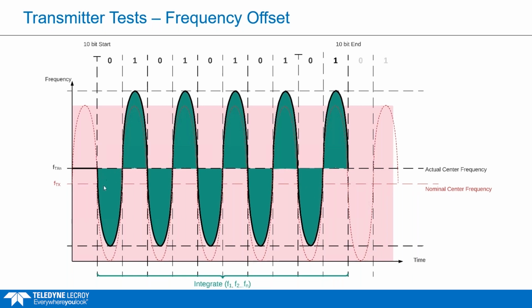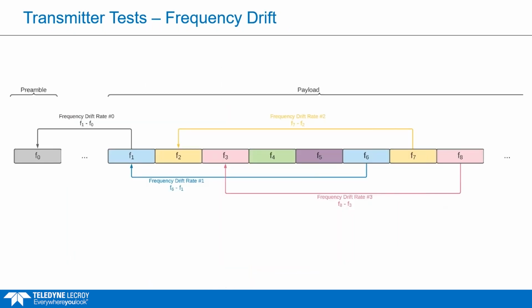And what we do is we then integrate, so these green areas, we integrate for this 10-bit sequence. And obviously, if everything was perfectly symmetrical, these would give a center, as I've got here on the black line. And then we integrate these values. And the idea is to have the offset as small as possible from the nominal. But that gives us the offset, but we also have a drift over time.